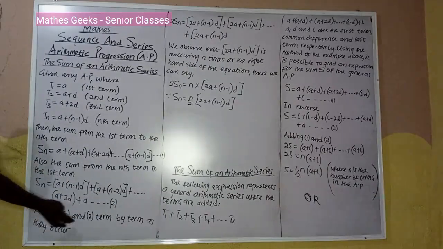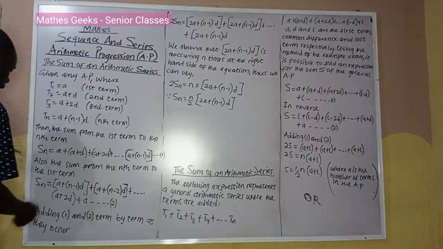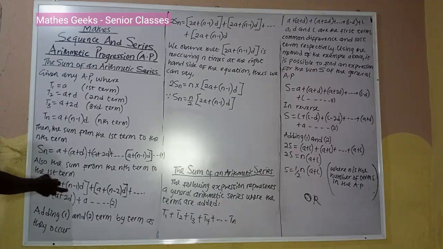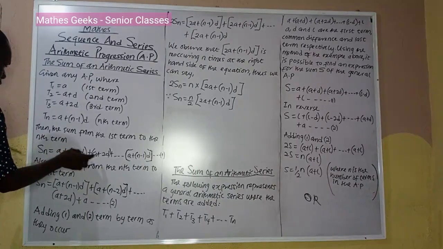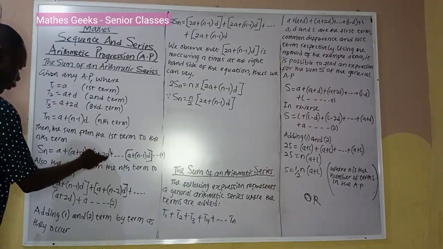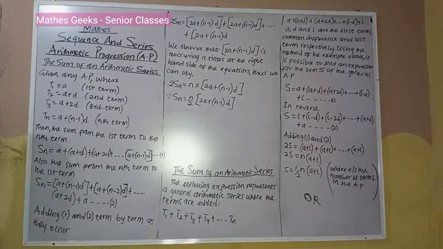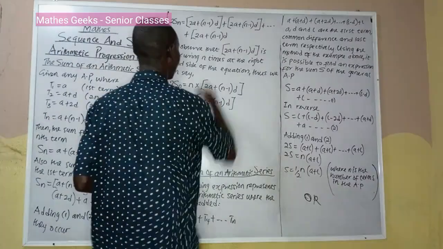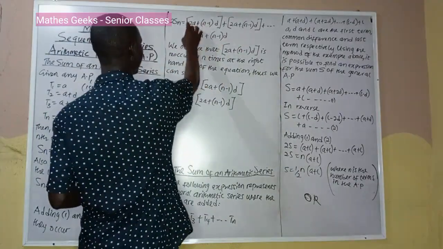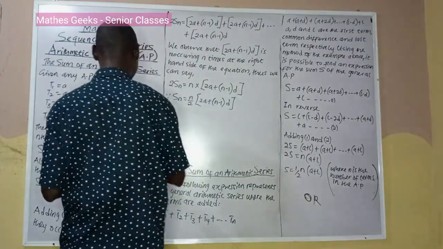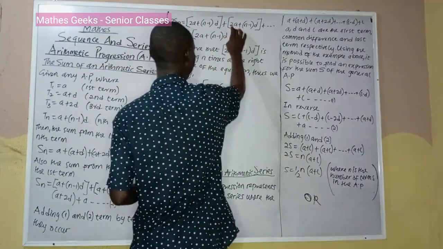So if we add equation 1 and equation 2 term by term, that is the first term in equation 1 plus the first term in equation 2, and then the second term in equation 1 plus the second term in equation 2, the third term in equation 1 plus the third term in equation 2. If you add them up together, you discover that the result is consistent all through. You're going to have 2a plus (n minus 1)d from adding equation 1 and 2, and then you're going to have 2a plus (n minus 1)d again.